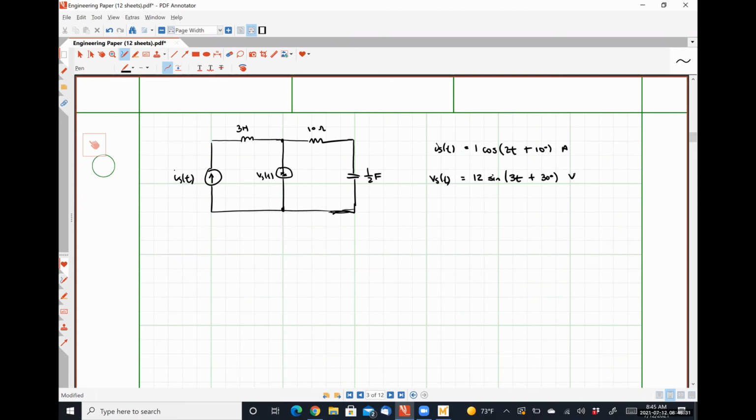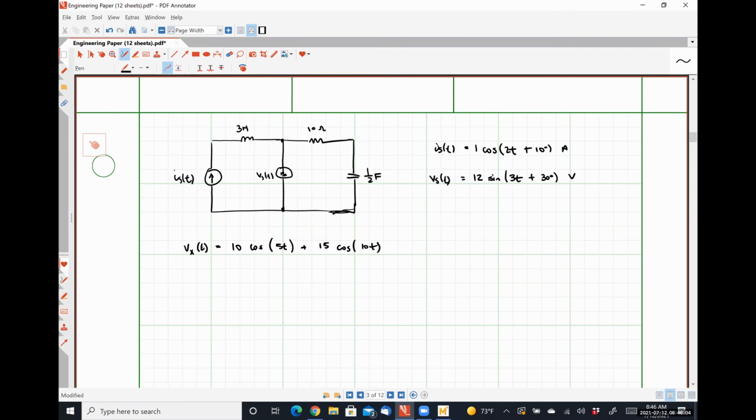Because we don't know of a way to combine, say, let's say that we had a voltage, this has nothing to do with this circuit, but let's say that we had a voltage Vx of t was 10 cosine 5t plus 15 cosine 10t.